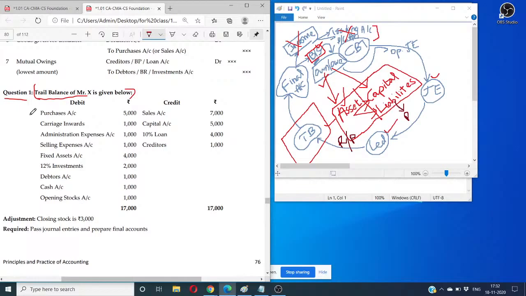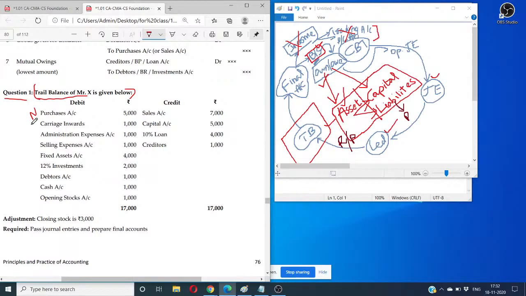Come on, tell me. Purchases. What is the nature of account? Purchases is a nominal account or sometimes real account, but predominantly we can assume in this case as nominal. Carriage inward. Come on, tell me. What sort of account is this?